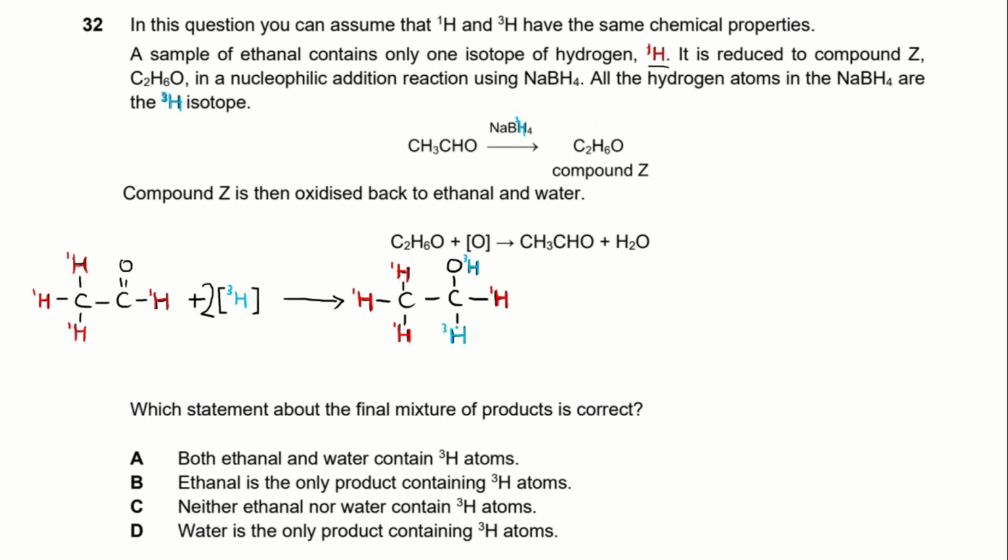These two blue hydrogen isotopes were from the reducing agent. So compound Z contains both hydrogen 1 and hydrogen 3 isotopes in the molecule.